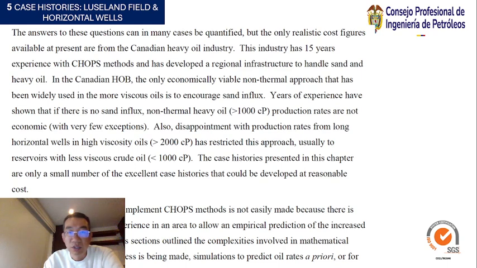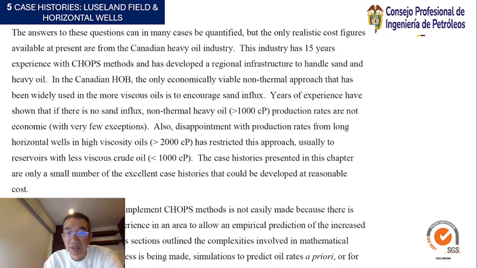Also, disappointment with production rates from long horizontal wells in high viscosity oils above 2000 cp has restricted this approach usually to reservoirs with less viscous crude oil, less than 1000 cp.